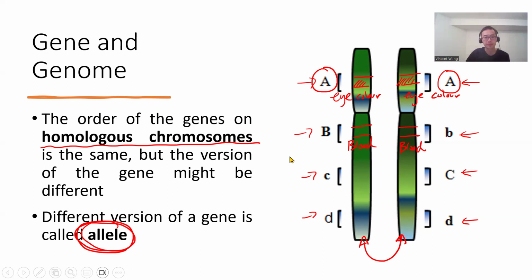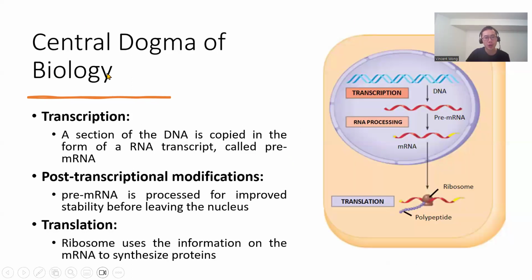Okay. So this is the central dogma of cell biology. You start with the DNA, and I already told you that through the process of transcription, you're going to make a pre-mRNA. This is new to you. A pre-mRNA is not ready yet.